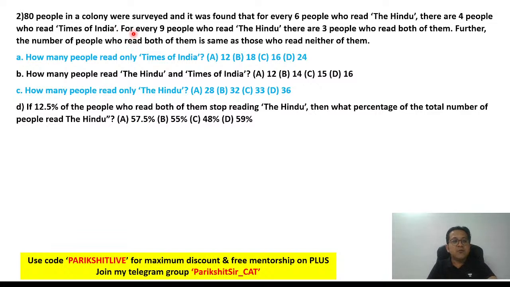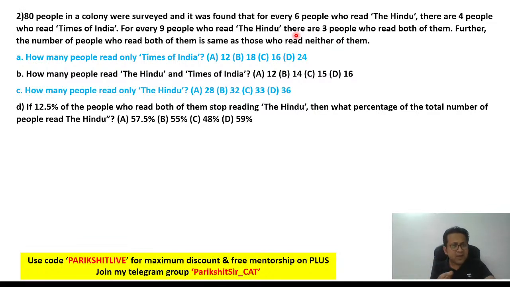Okay. For every 9 people who read the Hindu, there are 3 people who read both of them. Further, the number of people who read both of them is the same as those who read neither of them. So again, if I read the entire passage, what I realize is there are 2 variables. One is the Hindu and one is the Times of India.